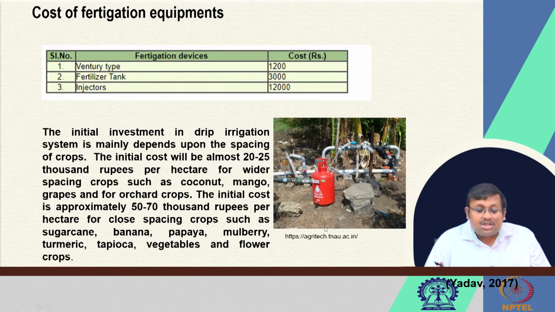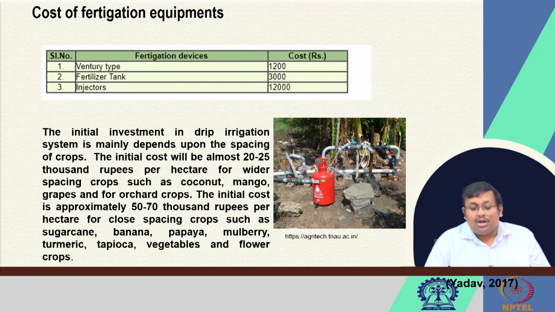Now, if you see the cost of fertigation equipment, we have already discussed. The Venturi type is around 1200. In case of fertilizer tank it is 3000. In case of injector it is 12,000. The initial investment in a drip irrigation system mainly depends upon the spacing of the crops.